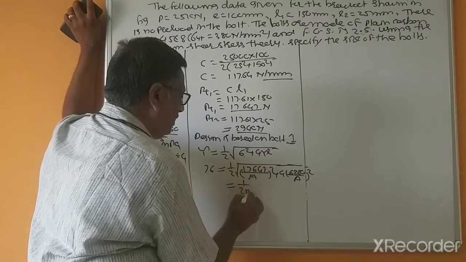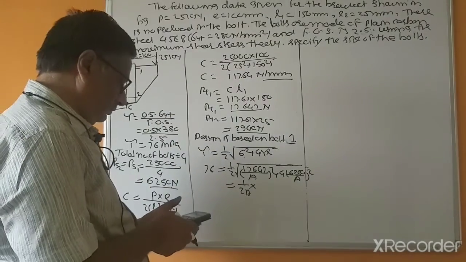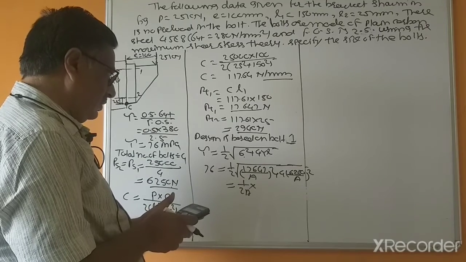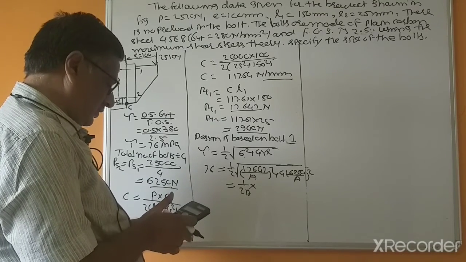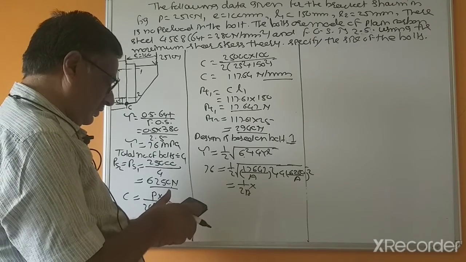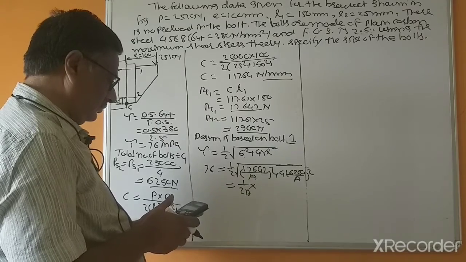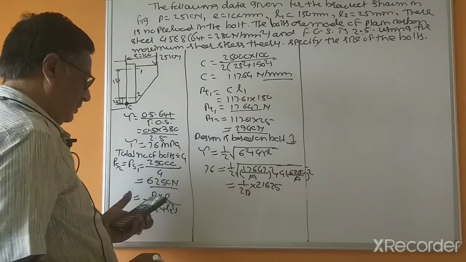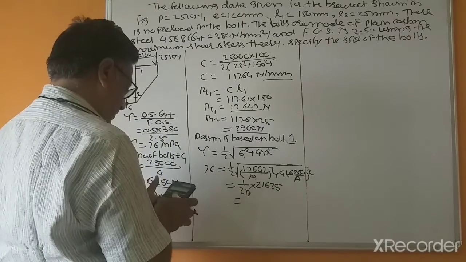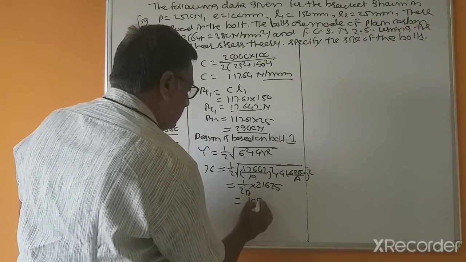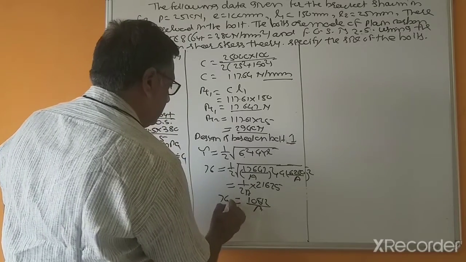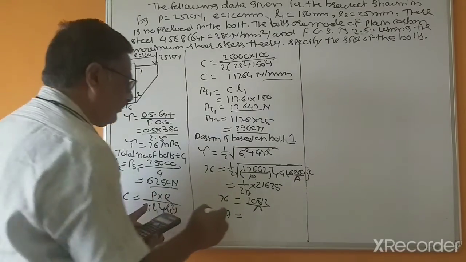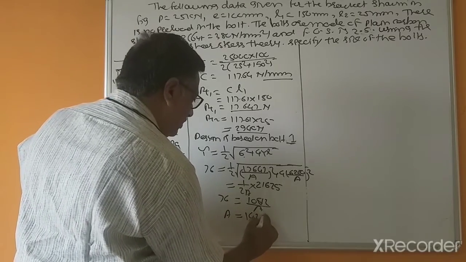So we will take common, this is 1 by 2A multiplied by 6250 square multiplied by 4 plus 17647 bracket square, and this is under root, 21625 divided by 2, and A equal to 142.27.